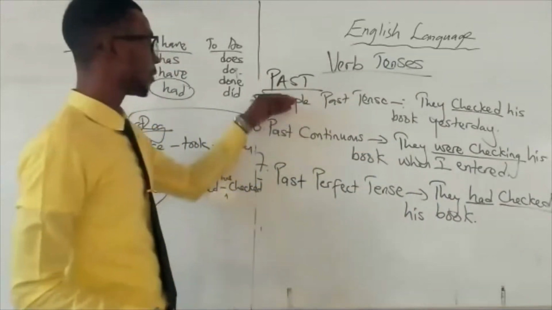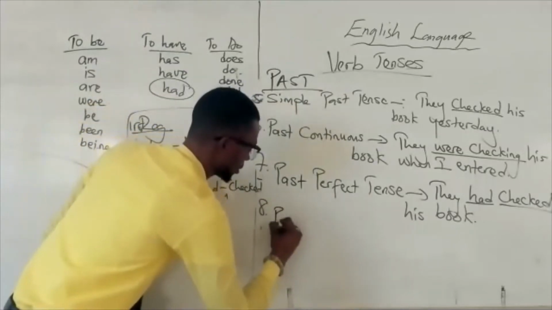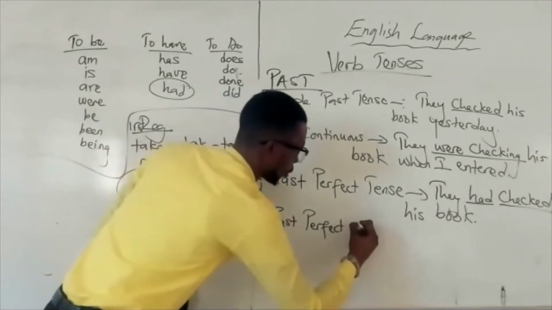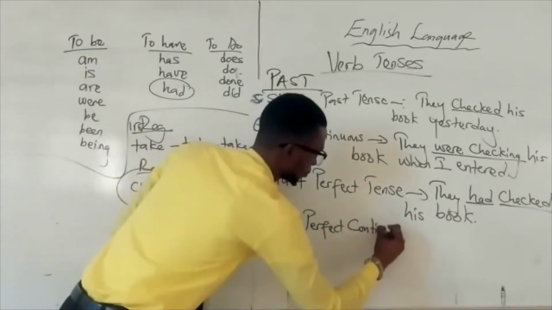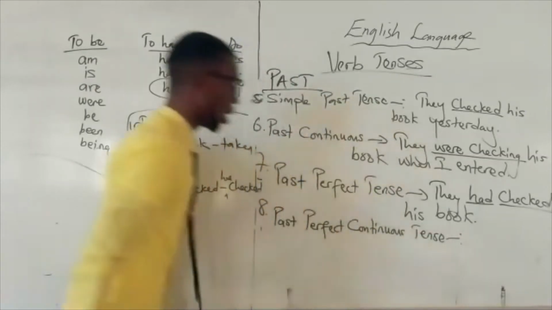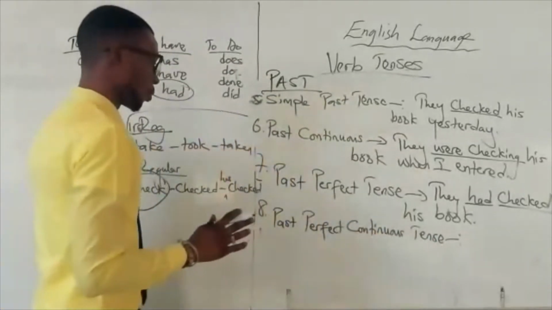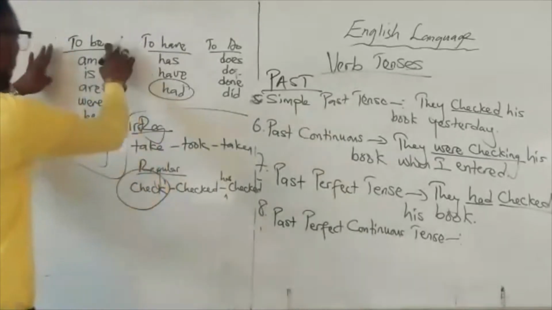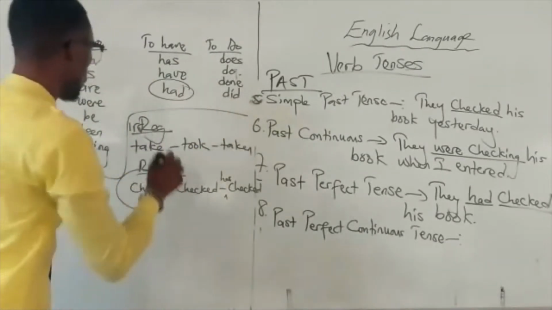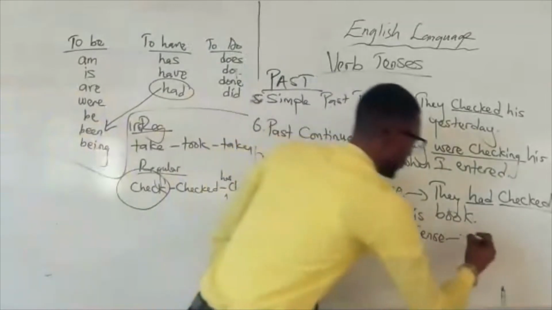And lastly, for the past, that's number 8 now, we have the past perfect continuous tense. We form the past perfect continuous tense. Now, we are going to need a verb under the verb to be and under the verb to have. So we are going to use had plus been plus the ing form of the verb.